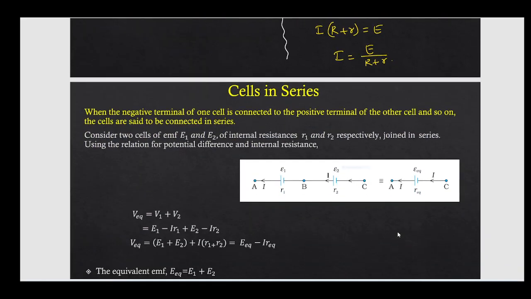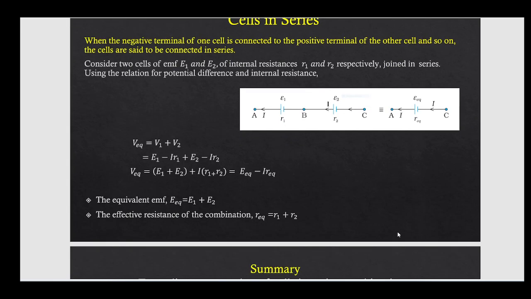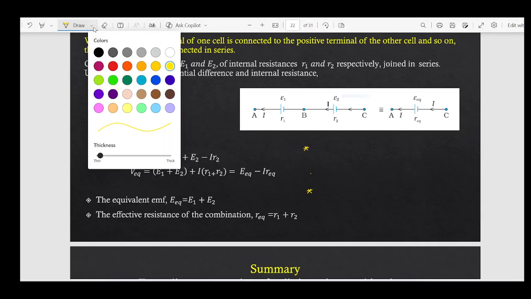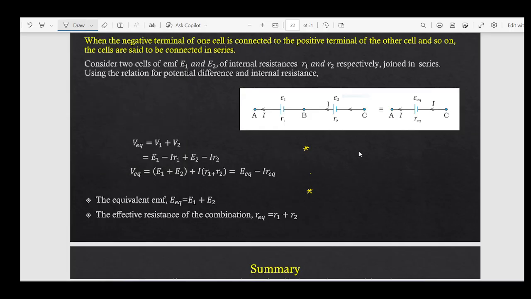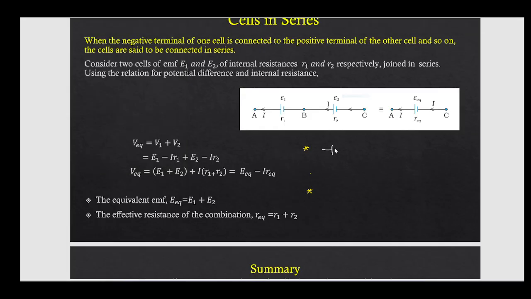Then we have cells in series and cells in parallel. So cells in series are connected like this. We have two types of cells in series combination. One is by connecting plus minus way. Here we have negative terminal and positive terminal.